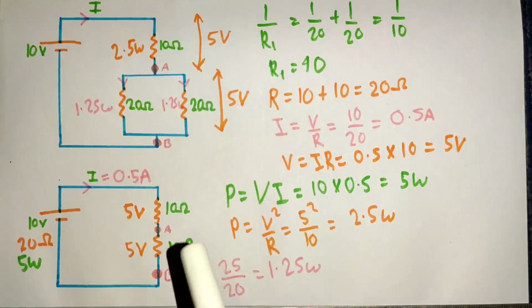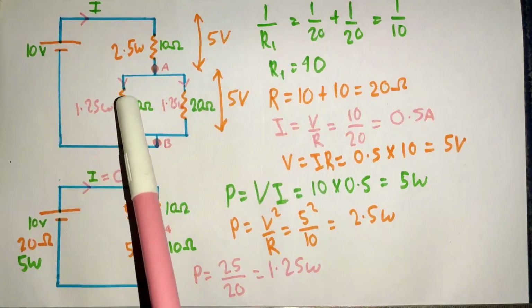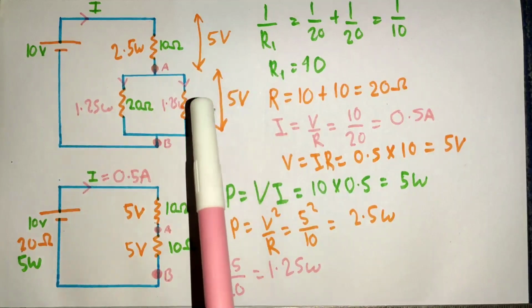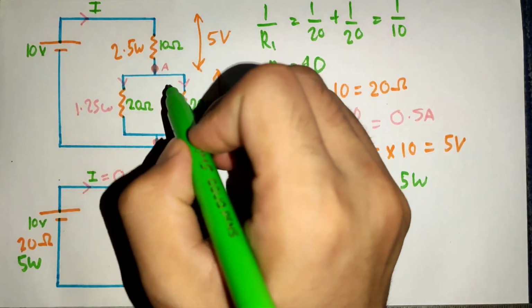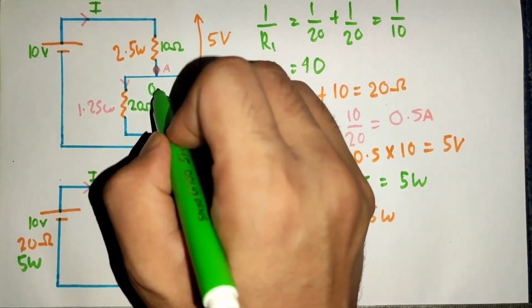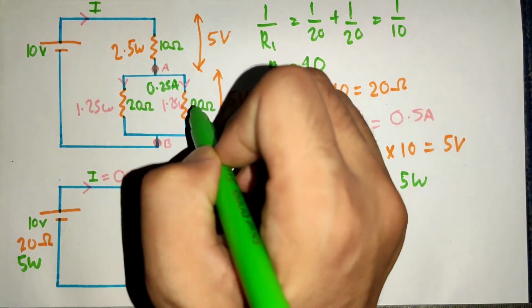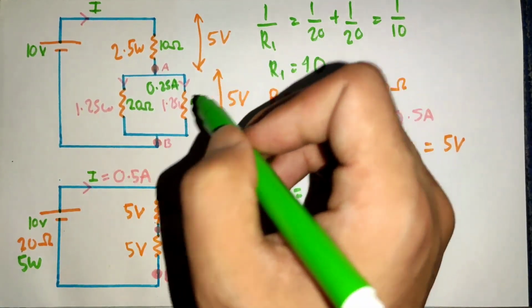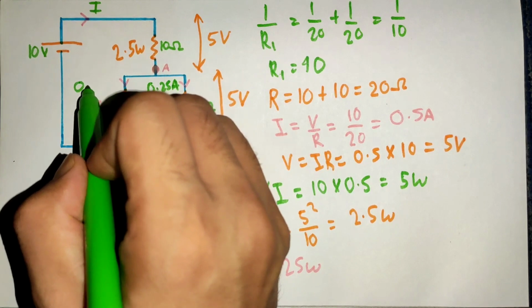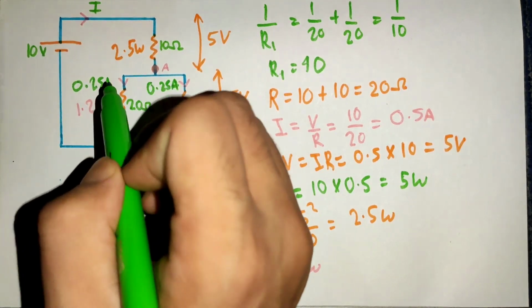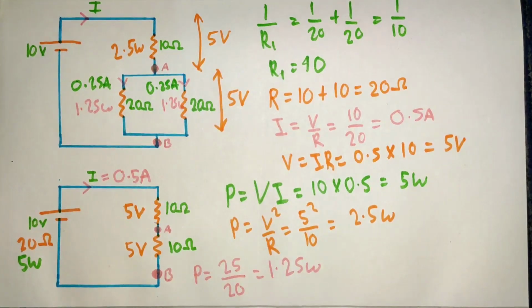Also calculate how much current is passes through 20 ohm resistor. By using our Ohm's law, current become 0.25 ampere. Also 0.25 ampere for this resistor.